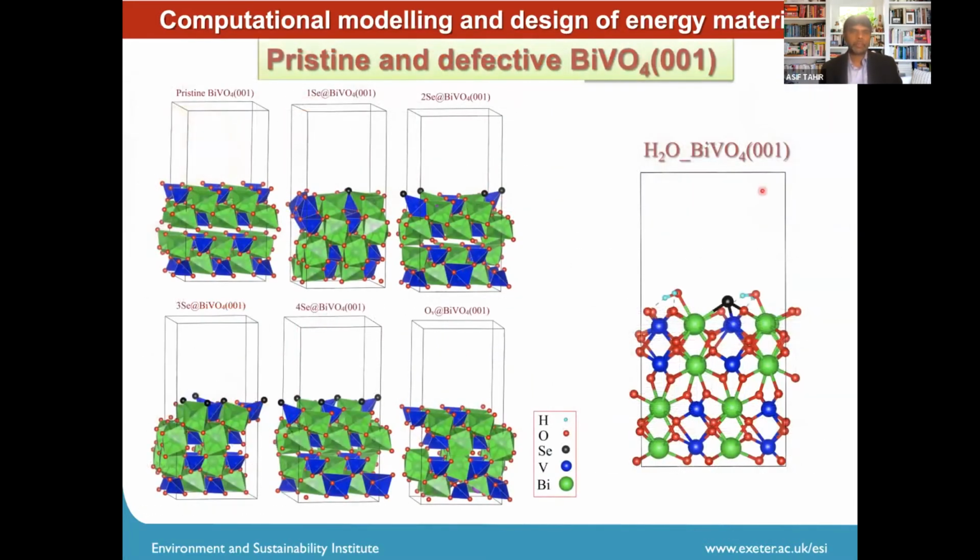Another example is bismuth vanadate. Bismuth vanadate is also one of the well-studied materials in photoelectrochemical water splitting, and again, bismuth vanadate can be in different phases. We have studied this material and looked at the interaction of water on the surface of bismuth vanadate in the pristine phase, as well as creating some defects using selenium dioxide on the surface of this material.